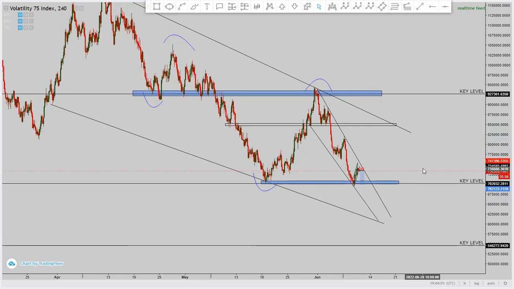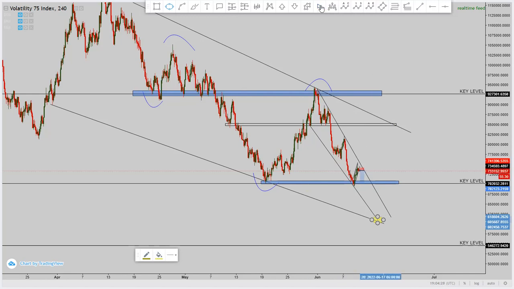So the best entries for the buys are always either at the key level or after the break of this downward channel, or maybe at the bottom trend line here if it does come here. If it gives you a rejection, maybe you can get some buys then all the way.